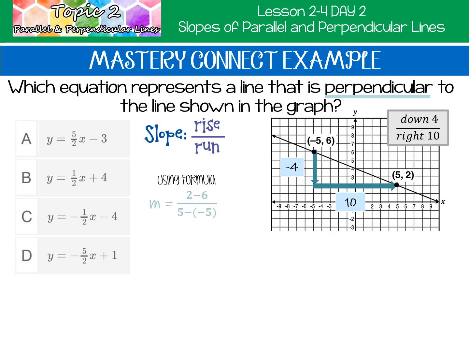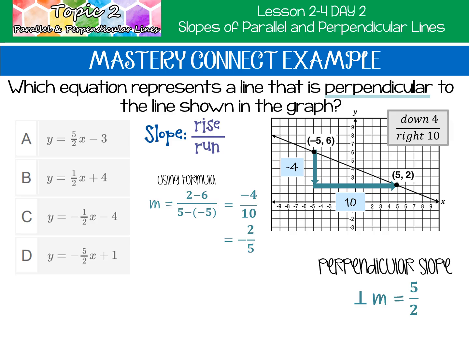So that is going to be a slope of -4/10, which is -2/5. But we want the perpendicular slope. So we need the opposite reciprocal. Flip it and change the sign. So we're looking for the equation that has a slope of +5/2.